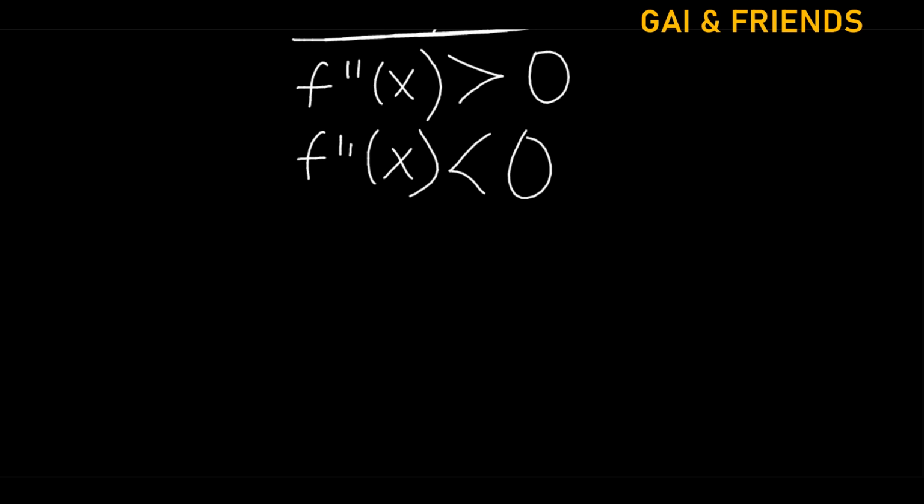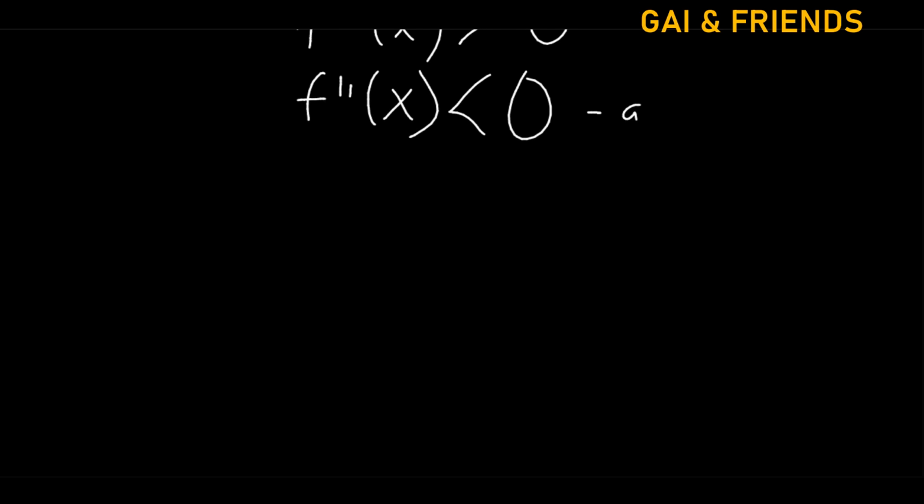Any number less than 0 is on the negative side, and any number greater than 0 is on the positive side. So your maximum is always going to be negative and your minimum is always going to be positive. The easiest way to remember this is: whenever you find a positive number, that is a minimum, and whenever you find a negative number, that is a maximum.